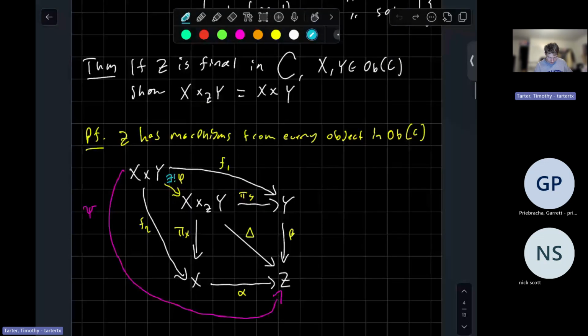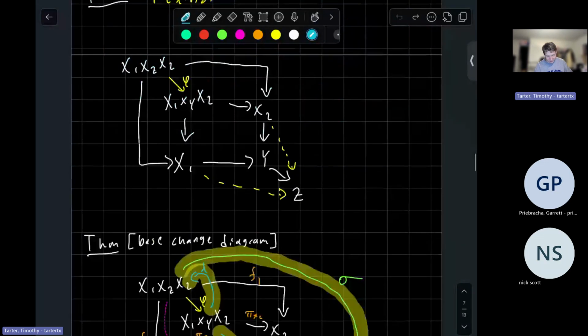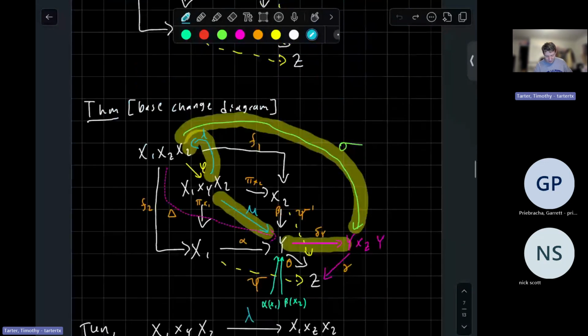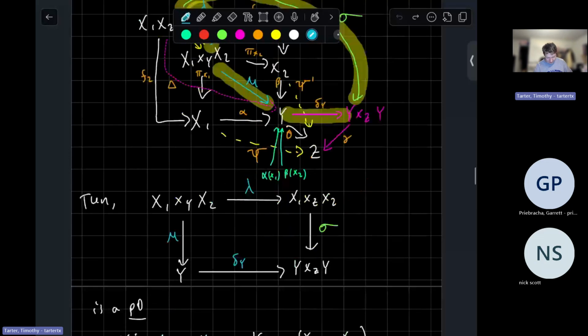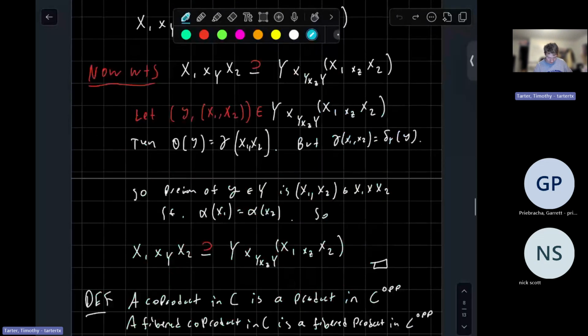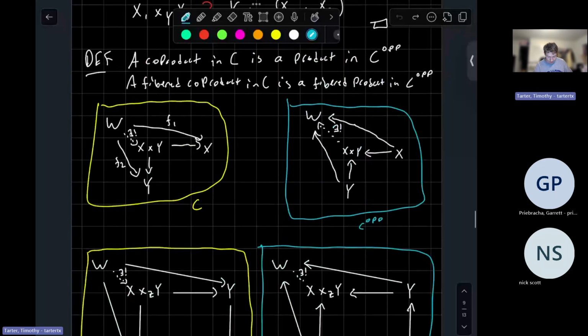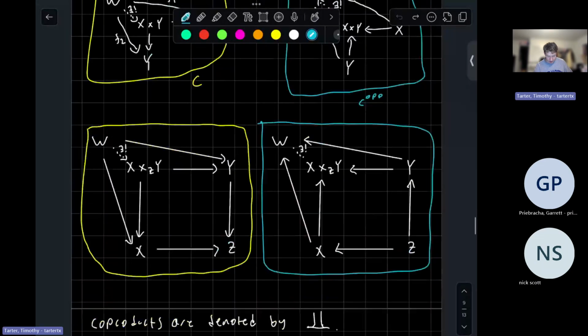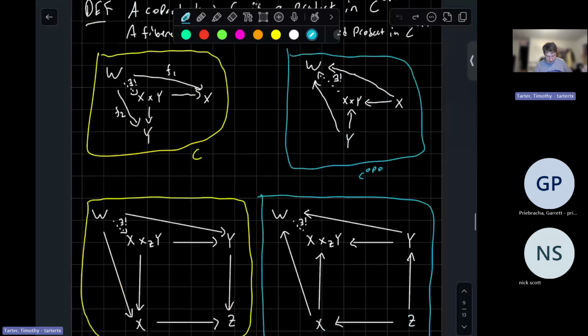We did the base change diagram of pain and suffering. Fond memories, I'm sure. Yeah, that's horrible. We talked about fibered co-products being just the dual, the arrow reversing thing going on here.